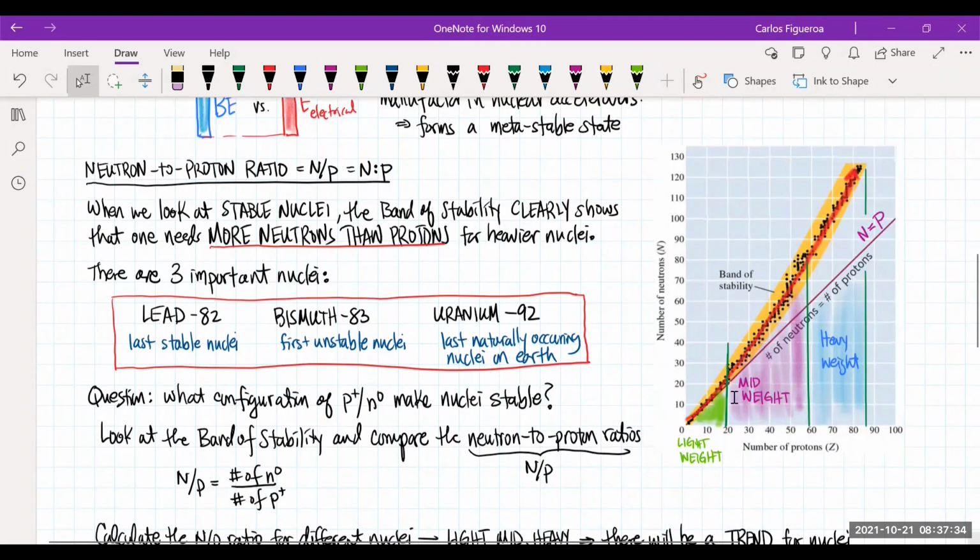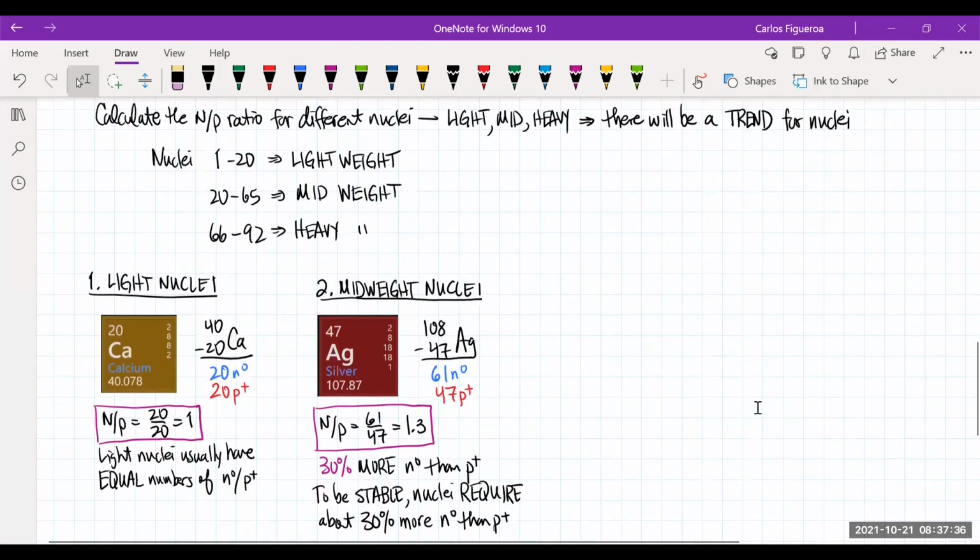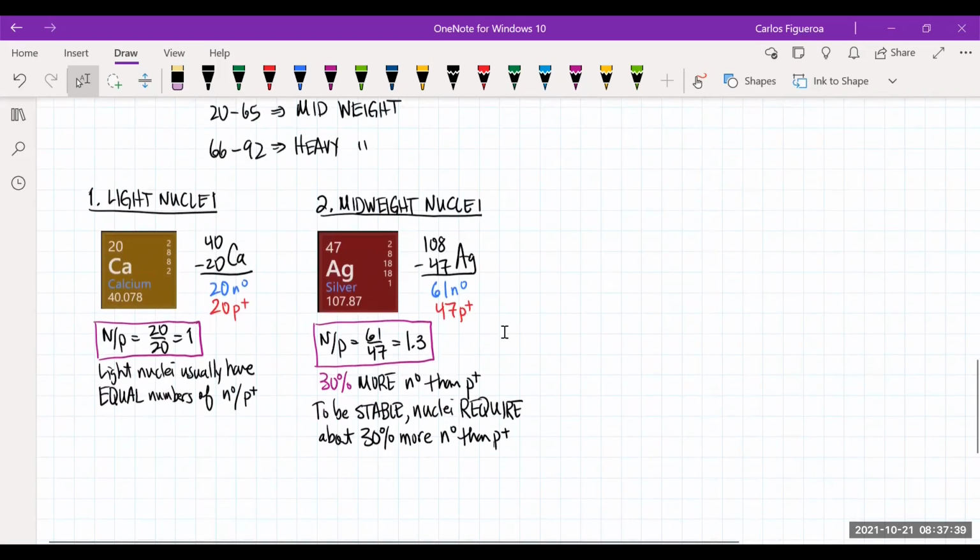Let's go look at the next one, which is lead. I would consider lead to be a heavy nuclei. So if I put in my lead, look what I'm seeing here.